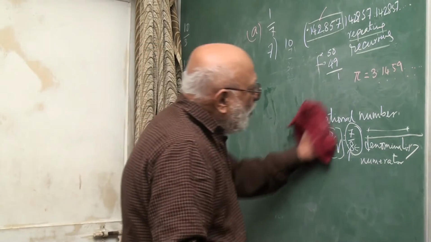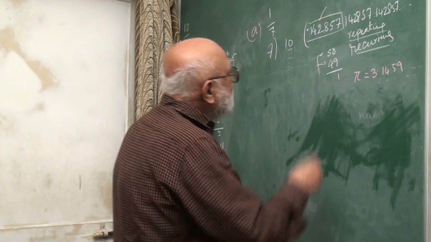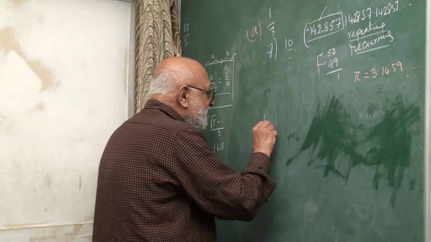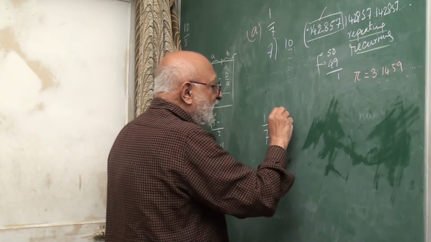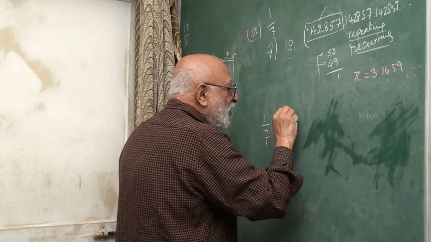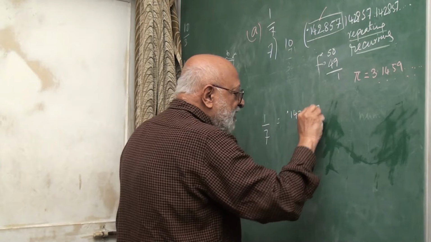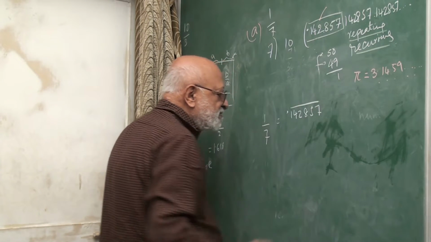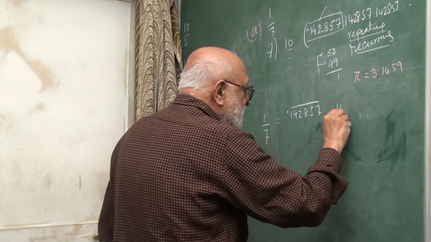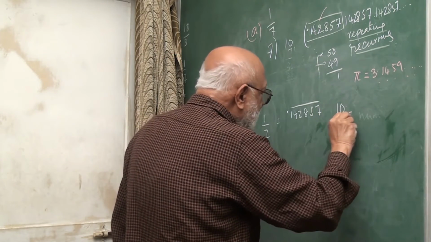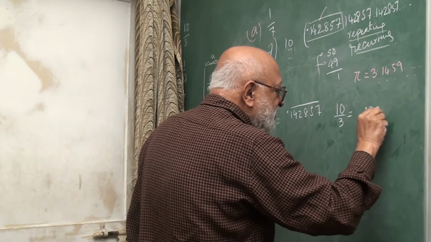Okay, so we go through the same exercises again. This one, 1 by 7, where the decimal expansion repeats, that is 0.142857, you put a bar on top of it. Now 10 by 3 is also repeating, 3, 3, 3.